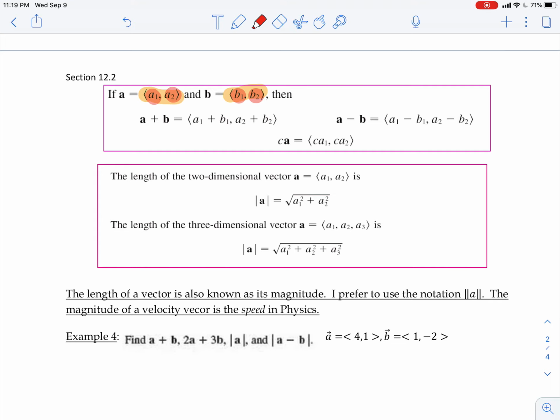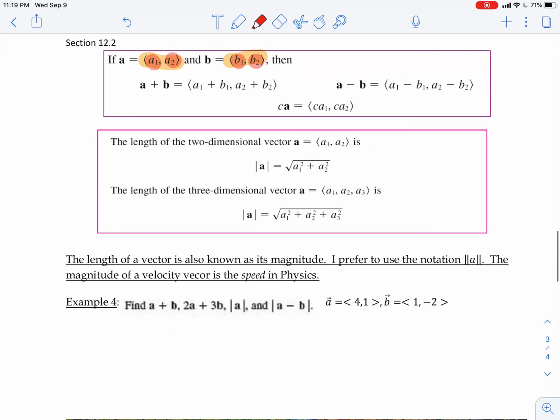All right. The length of the two-dimensional vector a, which we have as a sub 1 and a sub 2, is denoted by what looks like absolute value signs. To find the actual length of a, all it is is the square root of the first term squared plus the second term squared.